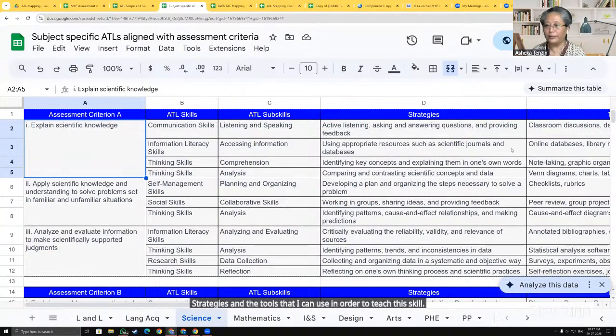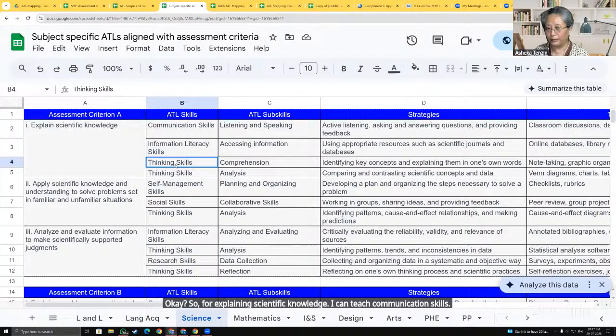ChatGPT gave me this document. For explaining scientific knowledge, I can teach communication skills, information literacy skills, thinking skill. Under thinking skill, I also have two sub skills, comprehension and analysis.